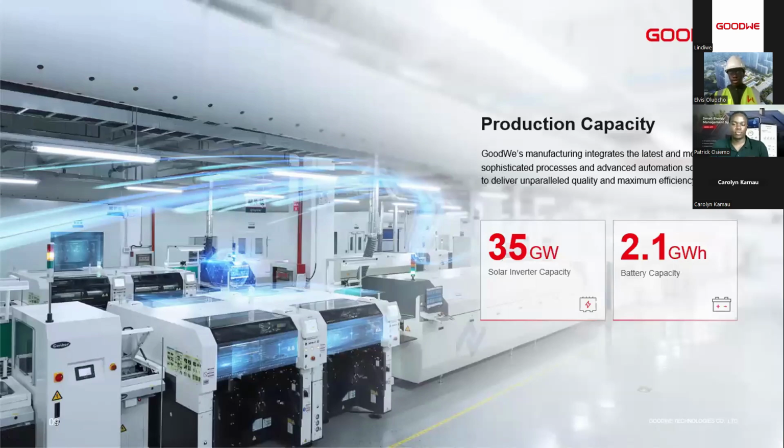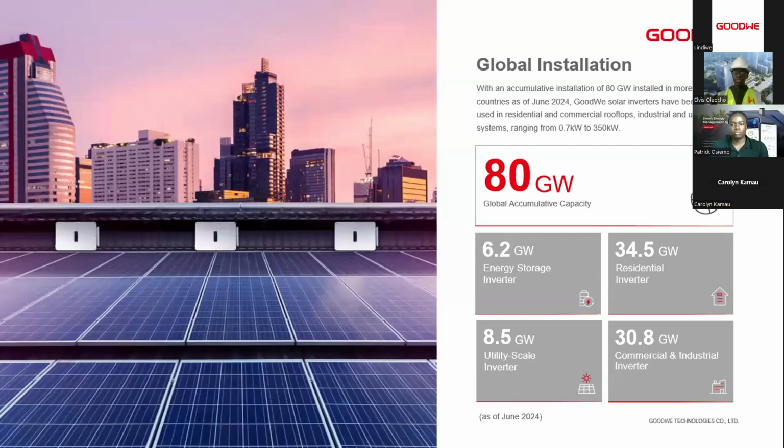For our production capacity, GoodWe has a production capacity of 35 gigawatts in terms of solar inverter capacity and 2.1 gigawatt hours on battery capacity. In our global installations, up to June 2024, we've been able to do over 80 gigawatts in more than 100 countries.